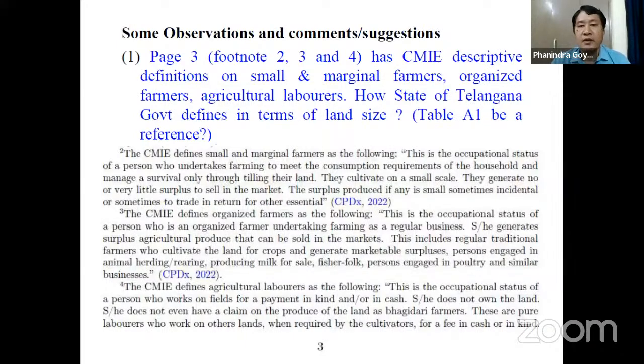But is it possible to give how the state of Telangana defines these holders in terms of land size, along with this descriptive definition? I think that will be nice. You need not explain so much, but one or two footnotes or endnotes will be useful. You have already given a reference to table A1, so that data may be given some reference.